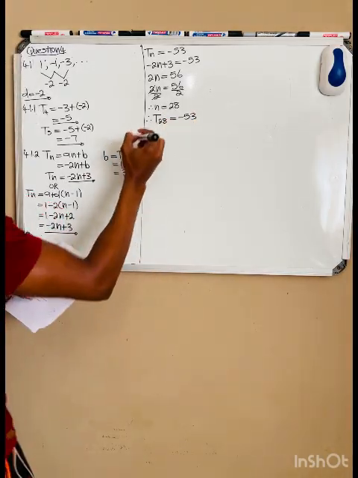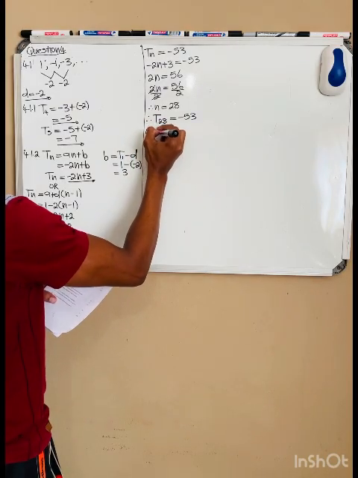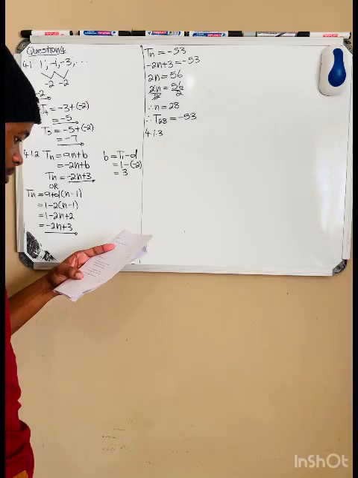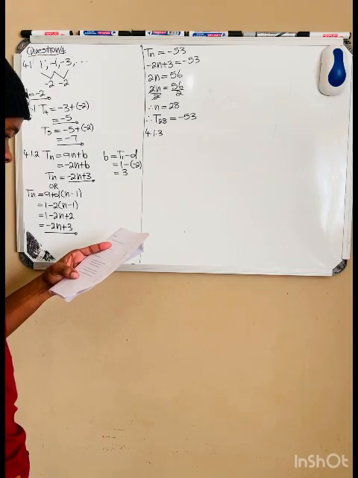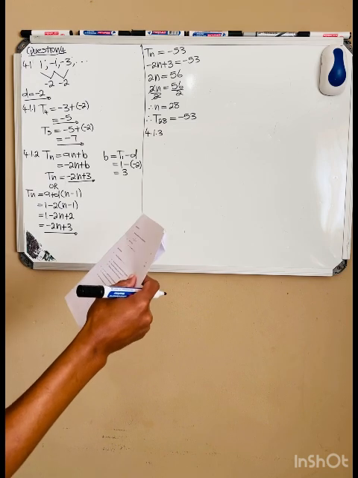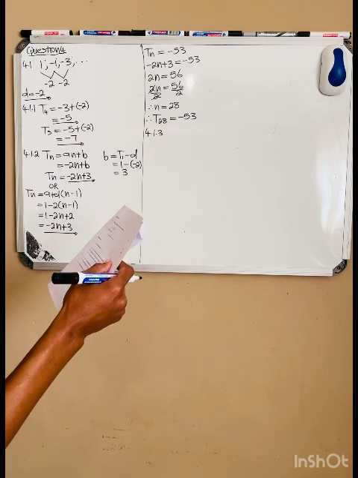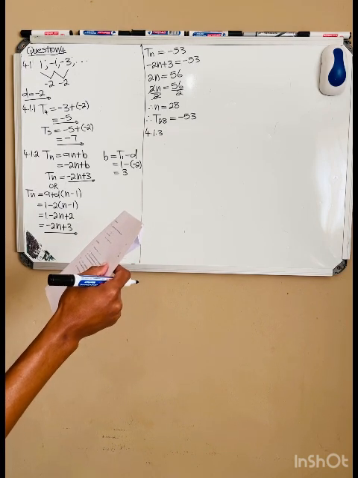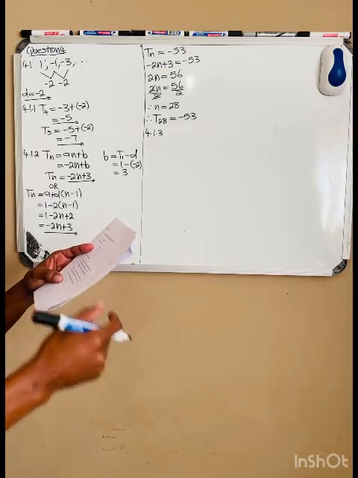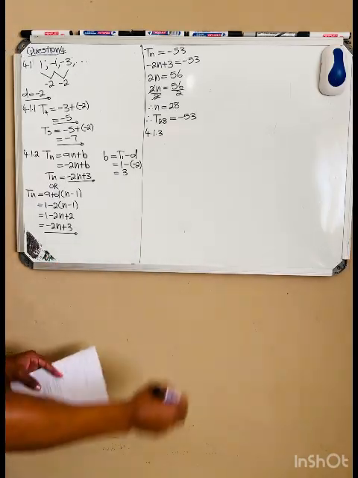I hope it's clear. Then 4.1.3. 4.1.3 does say determine. Oh, they want the value. Right, 4.1.3 is just saying determine the formula for the nth term of the pattern.